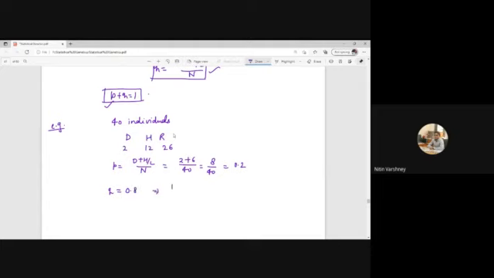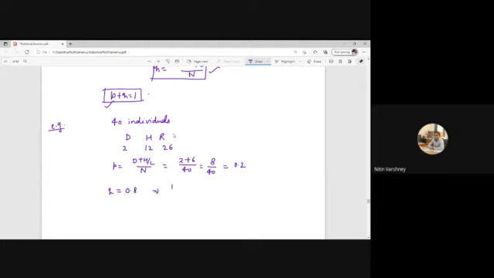Okay, so the example is 0.05, 0.30, and 0.65. So my proportion P is equal to D, 0.05, plus H by 2, meaning 0.3 by 2, that is 0.15.